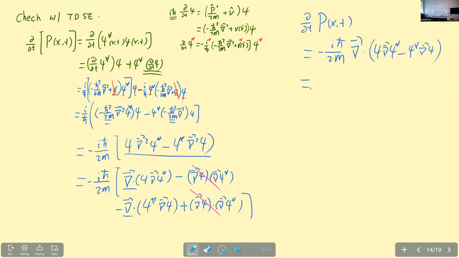And now this can of course be written as minus h bar over i, and then 2m. Very nice.